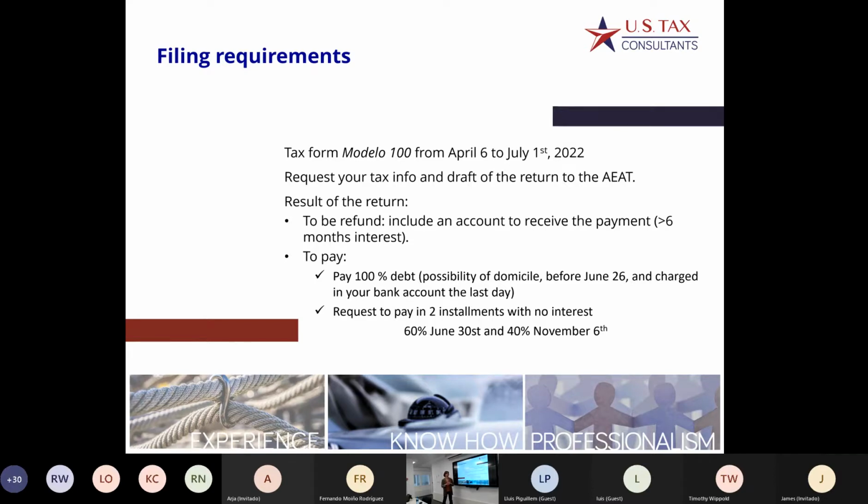Okay, this comes from your employer, if it's Spanish, banks, notaries, if you have sold any property, I mean, all those are obliged to inform the tax administration, so the tax administration already knows more or less what your income is, okay?